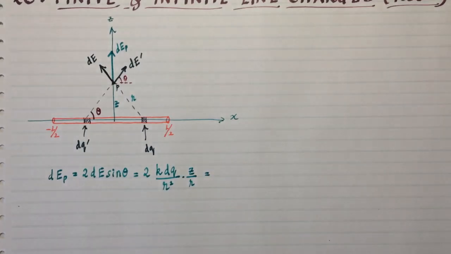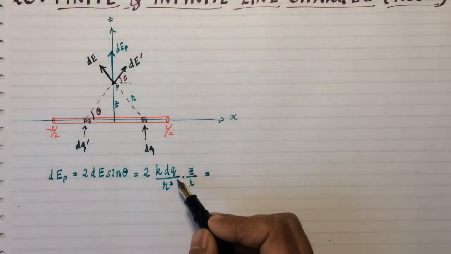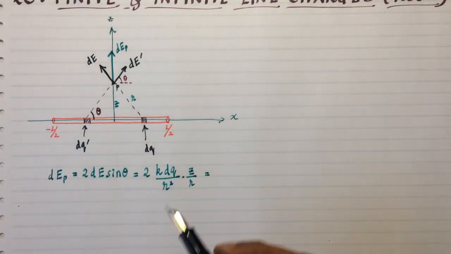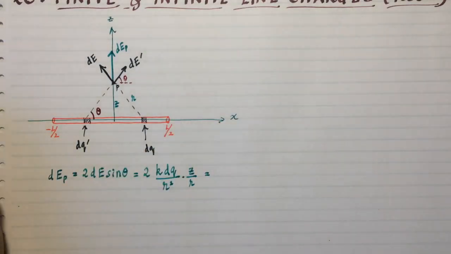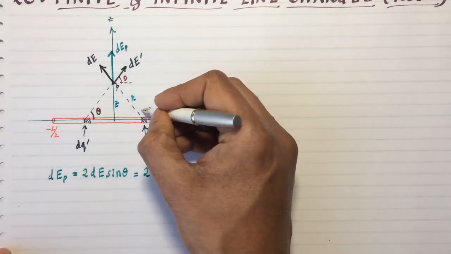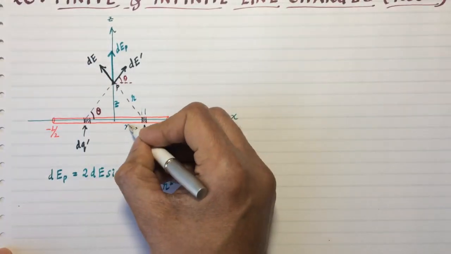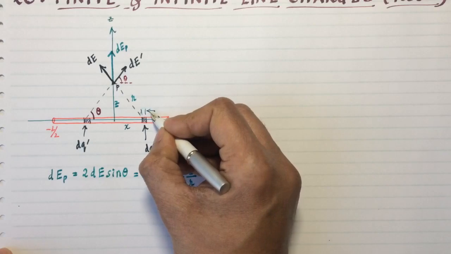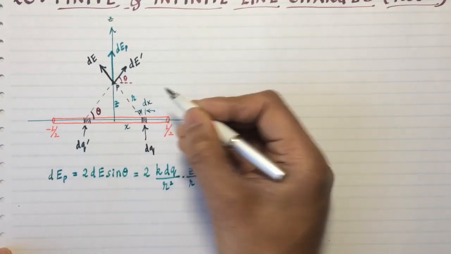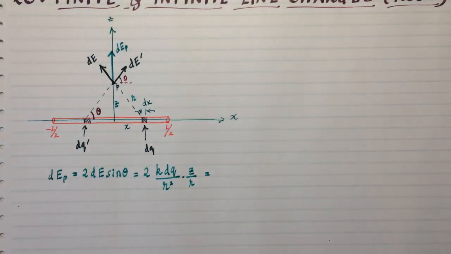Now, the biggest challenge is to write dq in terms of the distance dx. The variable that we have along the x direction is x, and this distance is dx. To perform calculus, we will need to find a connection between dq and dx.